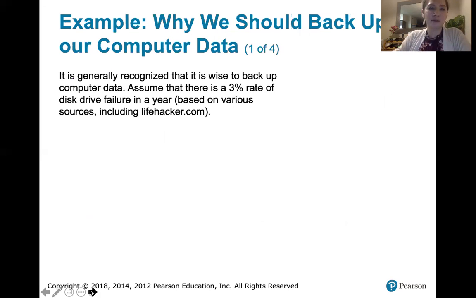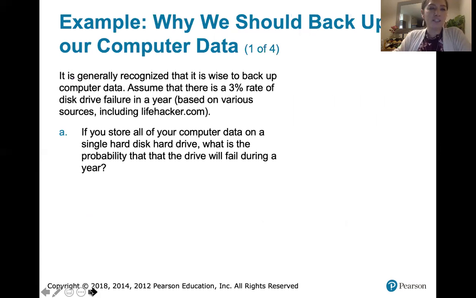So this is a problem that was modified from our textbook. I'll just read it to you. It says, it's generally recognized that it's wise to back up computer data. Assume that there is a 3% rate of disk drive failure in a year, and this is based on various sources, including lifehacker.com. In question A, we're asked, if you store all of your computer data on a single disk, what is the probability that the drive will fail during a year?